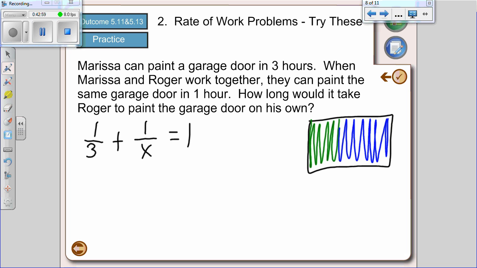You're going to subtract the other x over. So you have 3 is equal to 2x. Divide both sides by 2, and x is equal to 3 over 2.